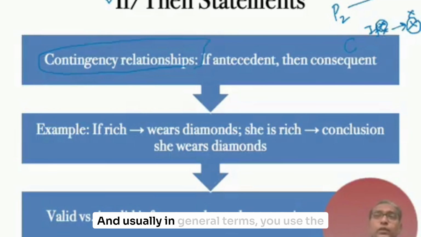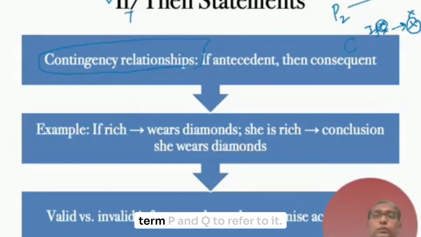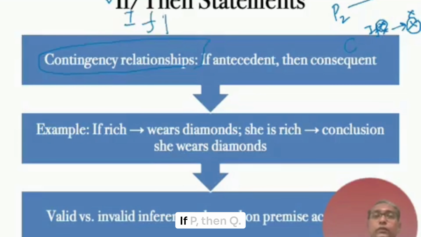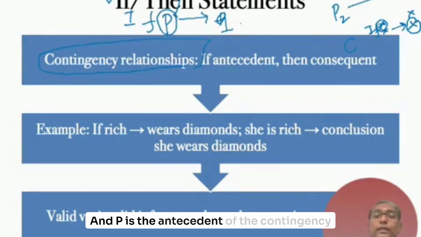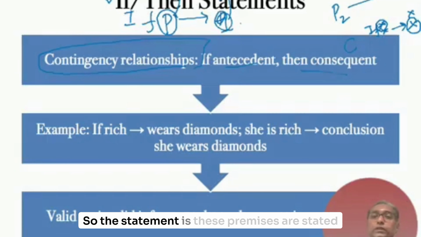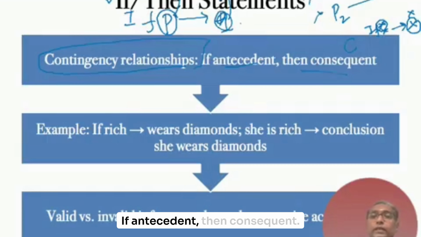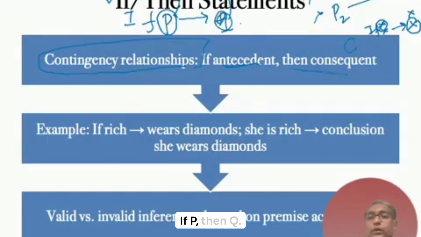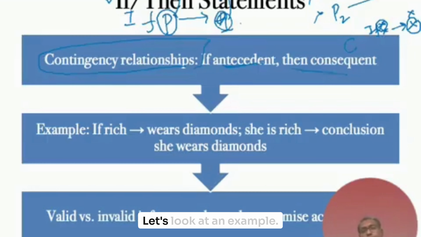Usually, in general terms, you use the terms P and Q. If P, then Q. P is the antecedent of the contingency, and Q is the consequent of the contingency. Okay? Antecedent and consequent. These premises are stated in this way: if antecedent, then consequent. If P, then Q. Okay, let's look at an example.